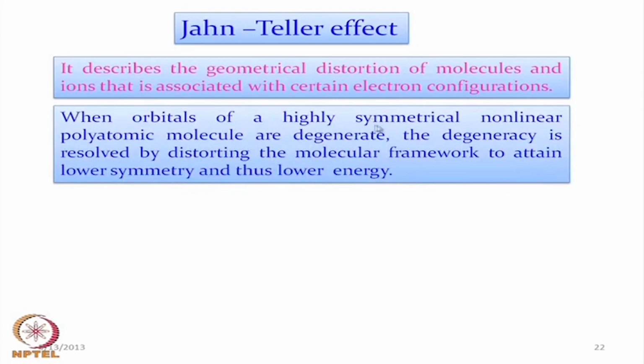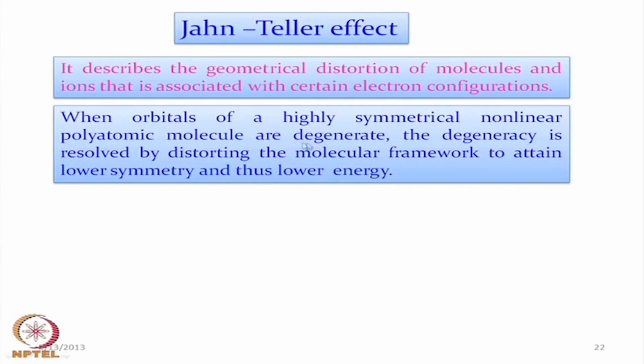So when orbitals of a highly symmetrical nonlinear polyatomic molecule are degenerate, the degeneracy is resolved or lifted. We don't have the degeneracy. Degeneracy means we have all the levels together. That means we have seen that we have a triplet level, the T2g level, or a doublet level which is the corresponding Eg level.